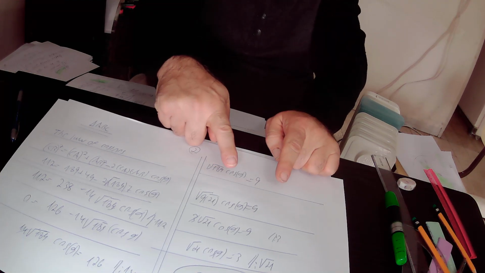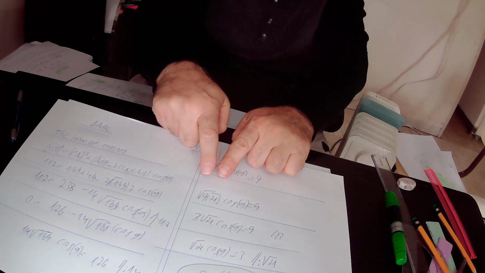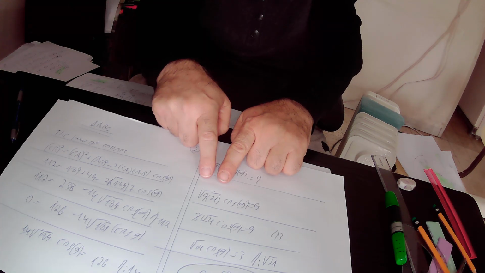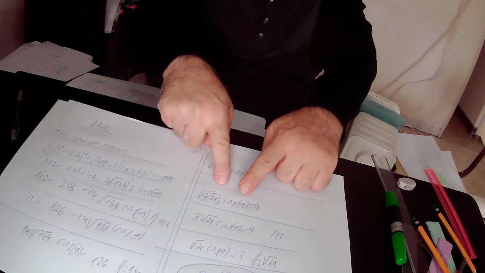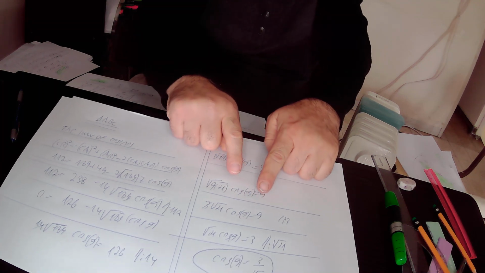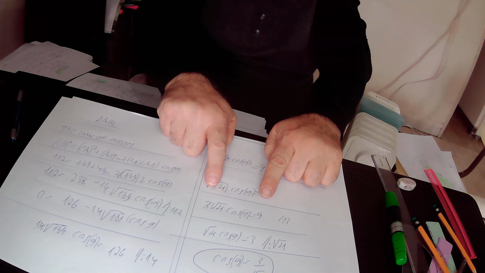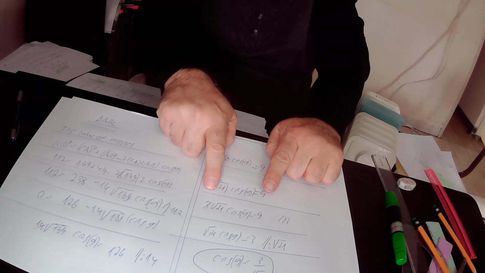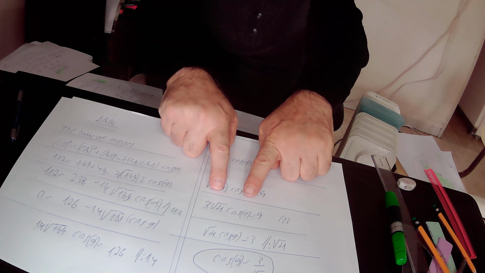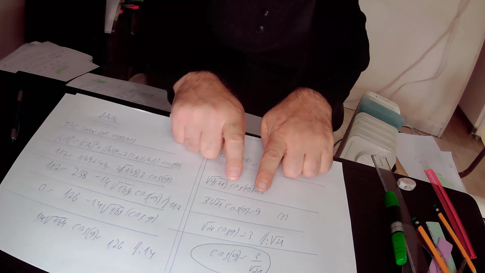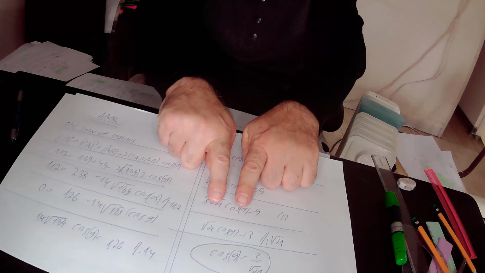The square root of 9 is 3, so we took 9 out of the root, and inside the root we are left only with 21. So this expression equals 3 times square root of 21 times cosine alpha, equals 9. Here we divided this equation by 3, so 3 gets cancelled, and we are left with square root of 21 times cosine alpha equals 9 over 3, which is 3. So we found that square root of 21 times cosine alpha equals 3.